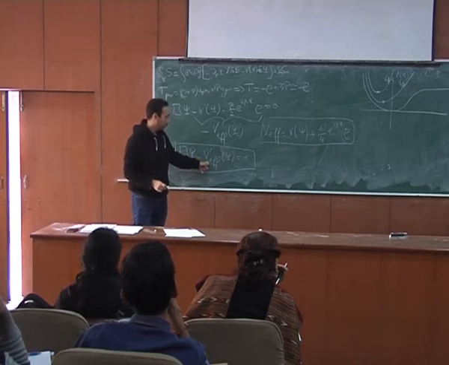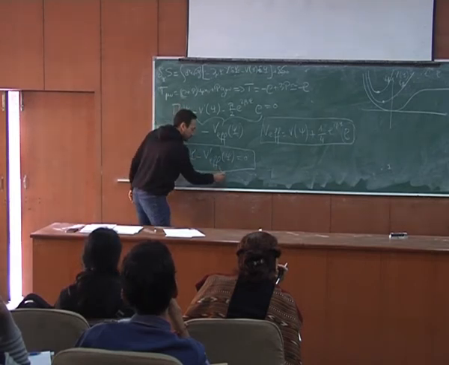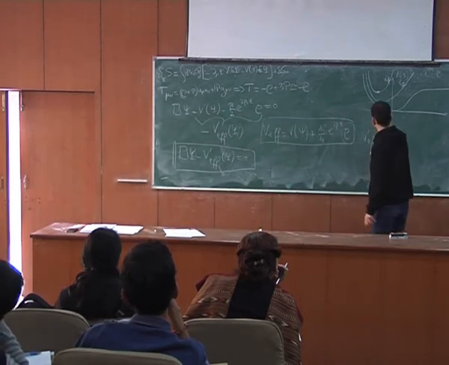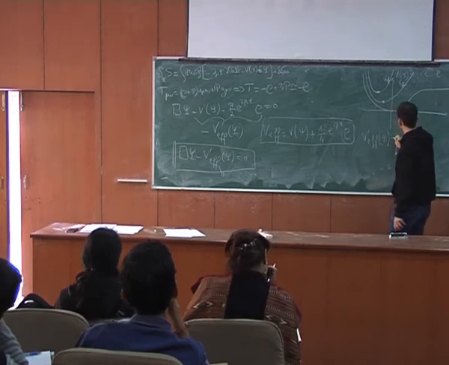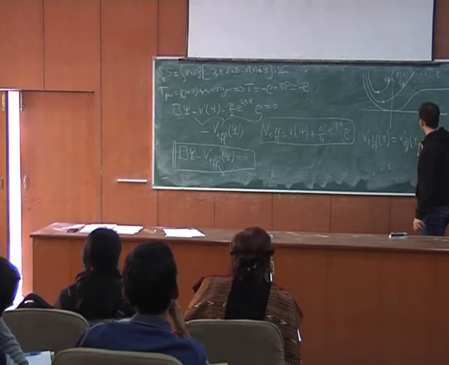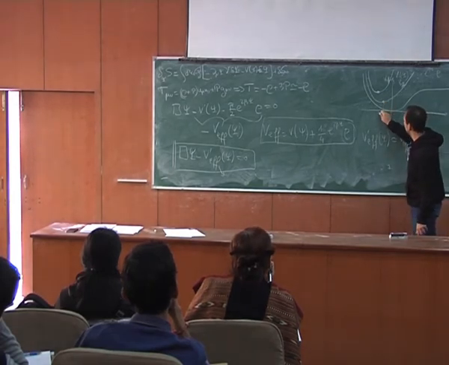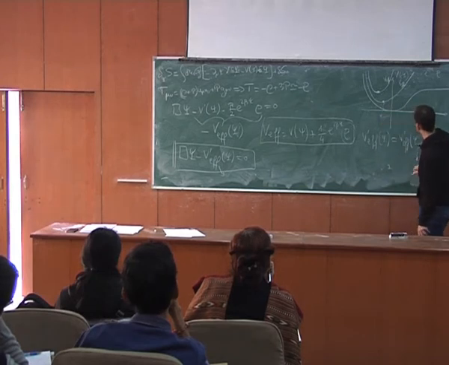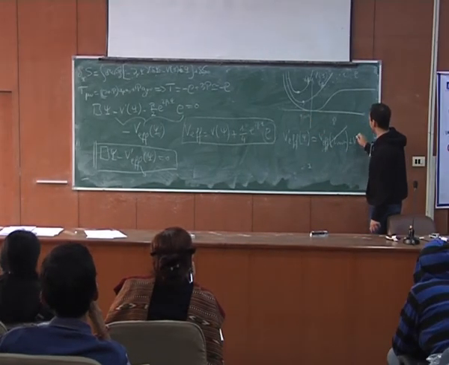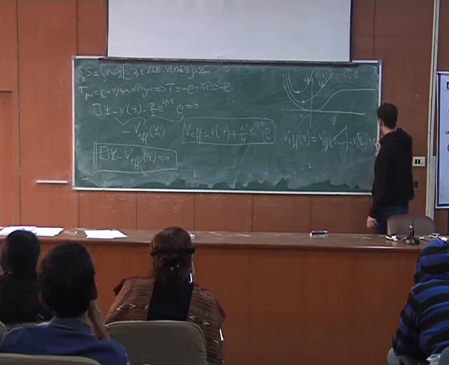Here you have V prime in this equation. So what is the V prime? It is more or less V prime of the minimum, which is 0 because we are at the minimum, plus V double prime at the minimum times psi minus psi min.